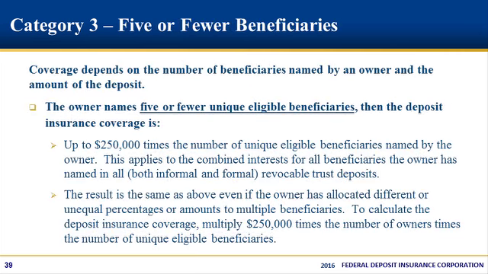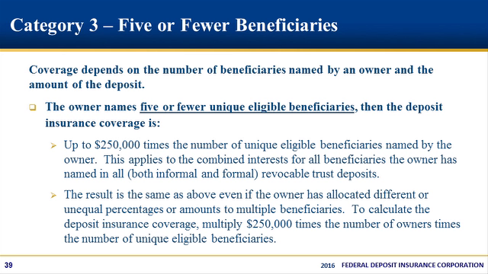In addition to determining who is an eligible beneficiary and meeting the titling requirements, there are two other important questions to answer to calculate deposit insurance coverage for a revocable trust. Depositors and bankers must ask how many beneficiaries are identified by the owner and whether those beneficiaries are to receive equal or unequal allocations when the owner of the trust deposit dies.